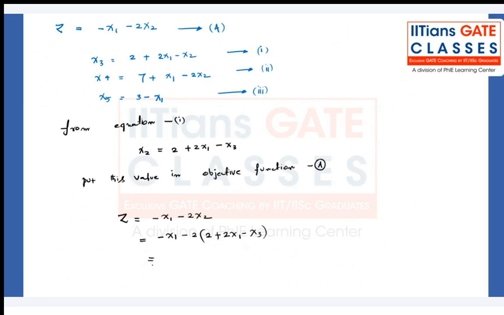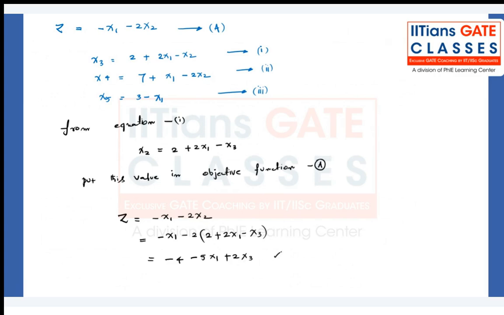Now if I write the simple form of my equation, it is going to be minus 4 minus 5x1 plus 2x3. If I send minus 2 inside, minus 4 will come, so minus 4x1. 2 into 2 is 4x1, minus x1, minus 5x1, and minus into minus is plus 2x3. Hope you understand.